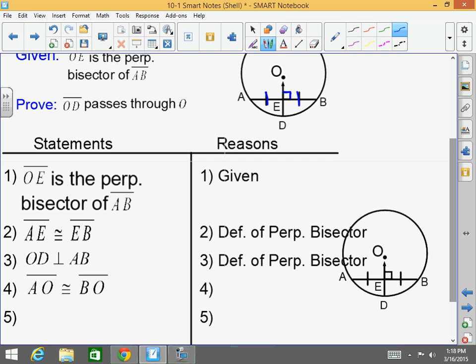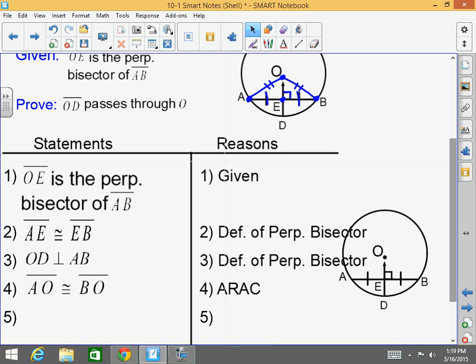AO is congruent to OB. All radii are congruent. And then again, we go now to the converse of the perpendicular bisector theorem, which states if 2 points, which in this case are O and E, are congruent or equidistant to the endpoints of the same segment, then it lies on the perpendicular bisector.